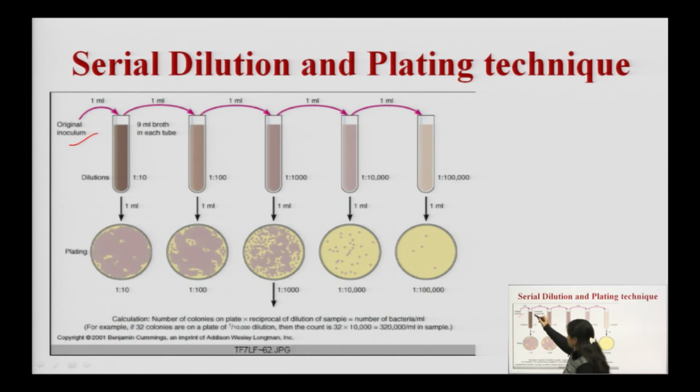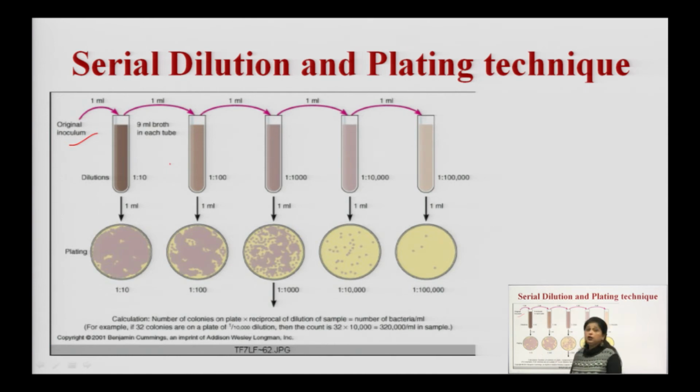Suppose we have 9 ml, 10 ml of original inoculum, and we transfer 1 ml of this original inoculum directly into a Petri plate in which we have already added the media in which our bacteria can grow. What will happen if we transfer 1 ml directly?